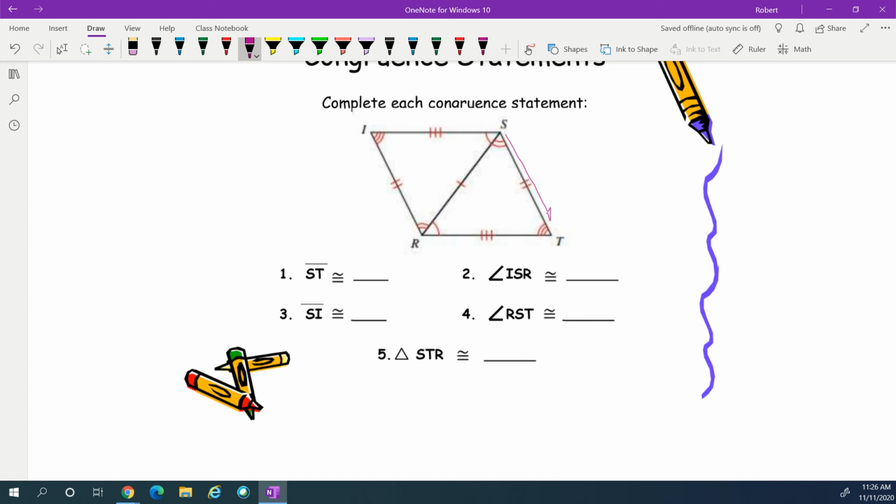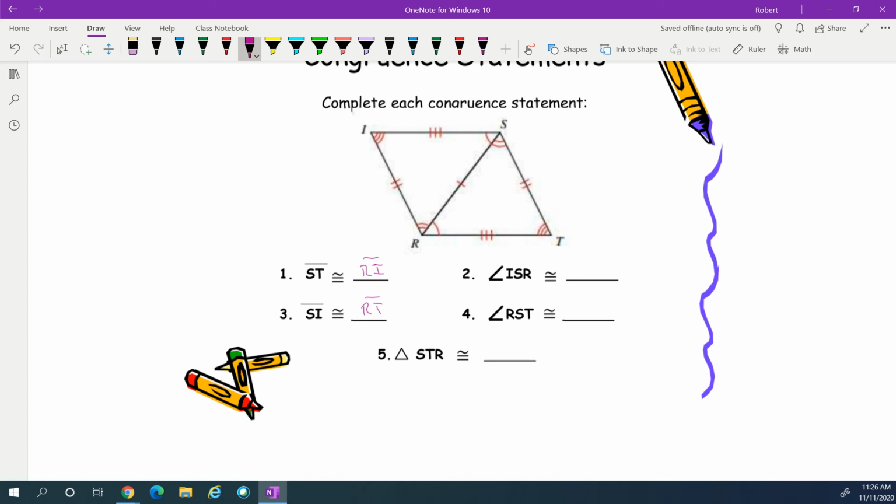So we're going to match it on the other triangle. 2 to 3. R to I. So segment RI. We're doing the exact same thing. SI. We're going to match that with RT. SI goes 1, 3. We're going to match that with 1, 3.